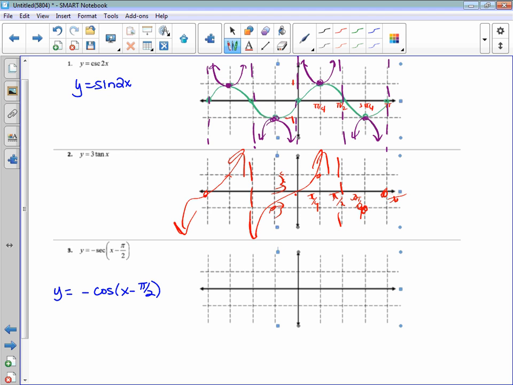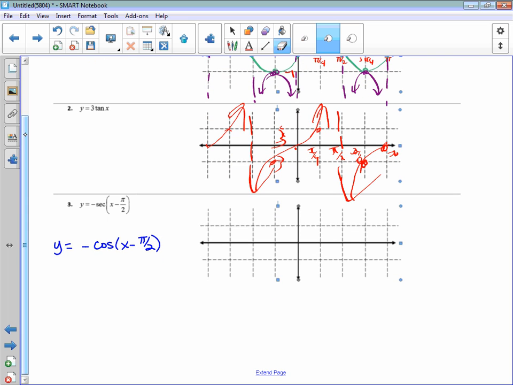All right. Good job. Yep, that works. And guys, when you graph it, you don't need to graph beyond the group there. Okay. Who wants to come do number 3?